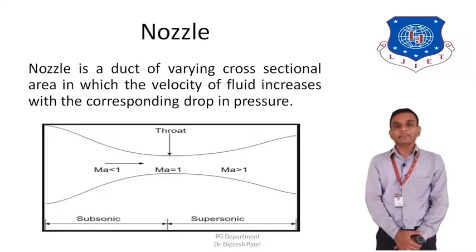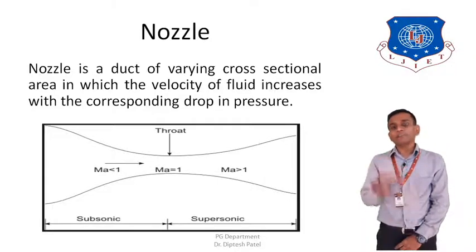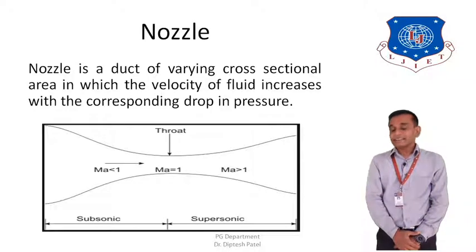For example, nozzles are widely used in jet engines, ramjet engines and even rocket engines. So different types of jet engines use the nozzle to provide a high velocity jet at the outlet, and that ultimately provides the thrust to the aircraft. In short, nozzles can be used for many different purposes.